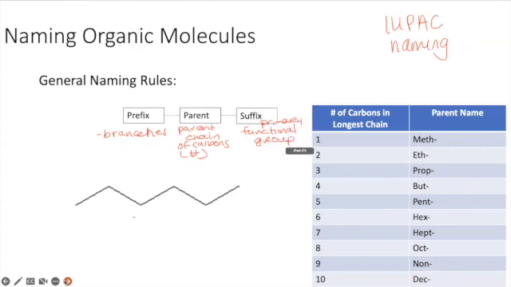The parent name, I said, is based off of the longest number of carbons in the parent chain.